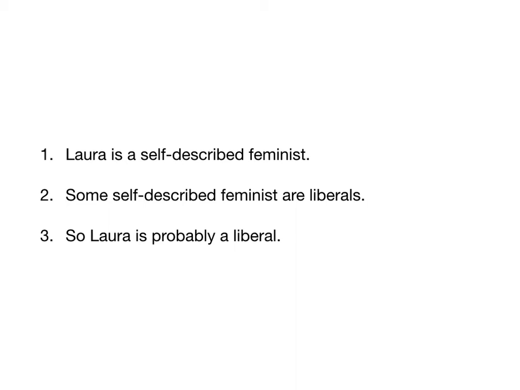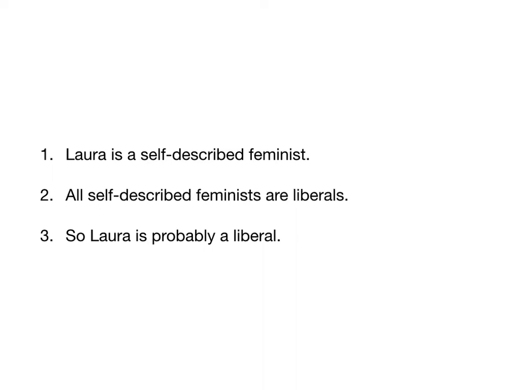But look, if only 10% are, you don't have any good reason to think she probably is. So the premise provides absolutely no support for the conclusion, or at the very least, almost none, right? Some could be true if just 1% were, right? That gives almost no support for this conclusion, she's probably a liberal. In fact, I would say it gives you none.